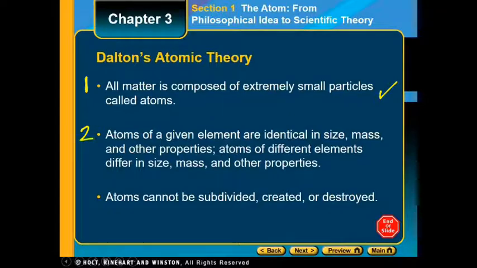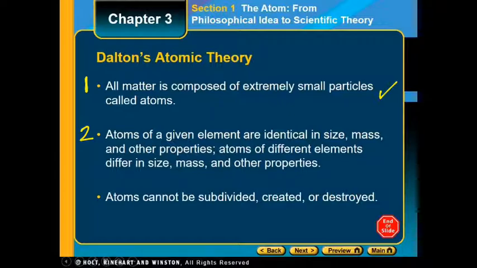Number 2, Dalton says atoms of a given element are identical in size, mass, and other properties. Atoms of a different element are different in size, mass, and other properties. So he's saying all the atoms of oxygen are identical, but they will be different to all of the atoms of hydrogen, or oxygen is different from nitrogen, and so on.